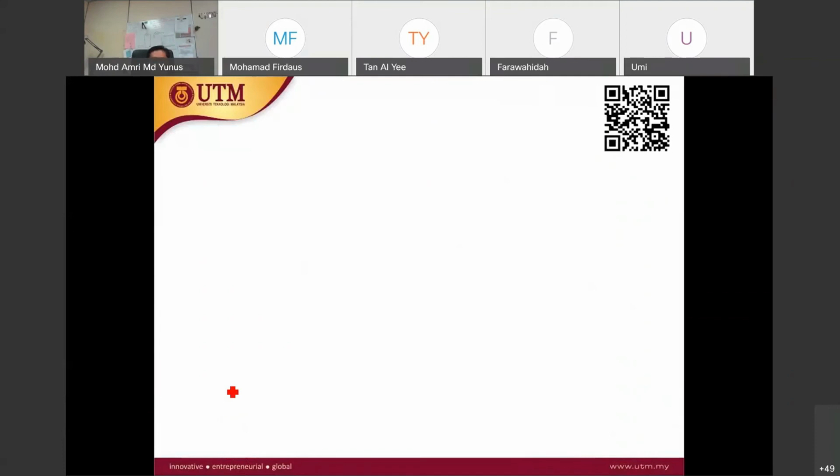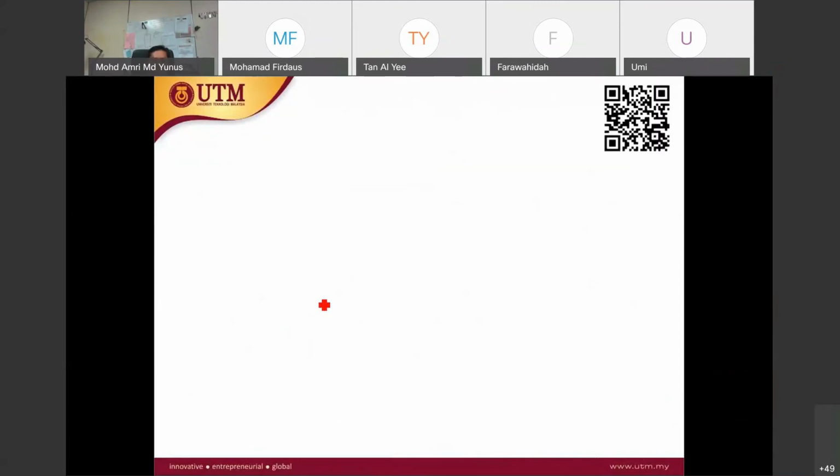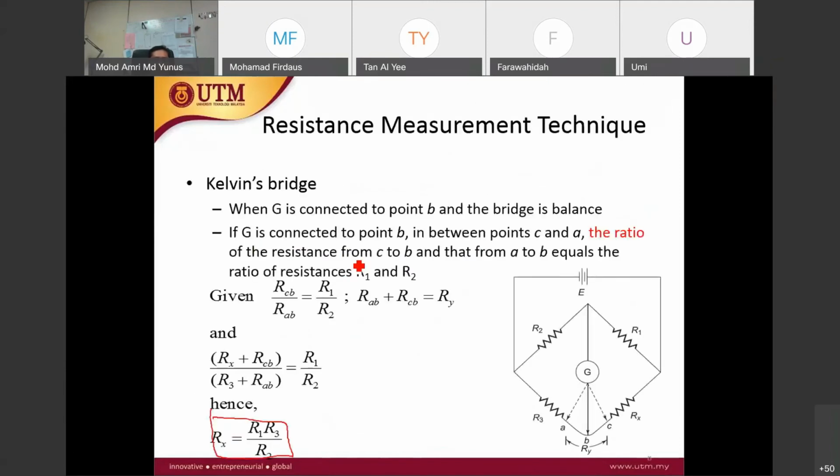This is one of the ways the equation is derived. So I want to show you my method, how we find this equation.